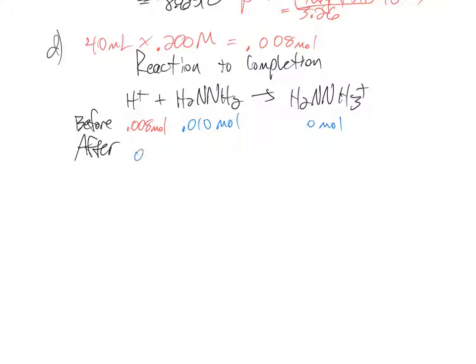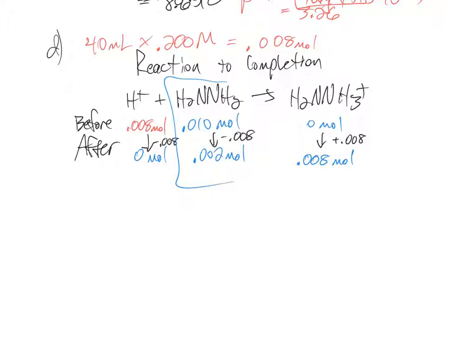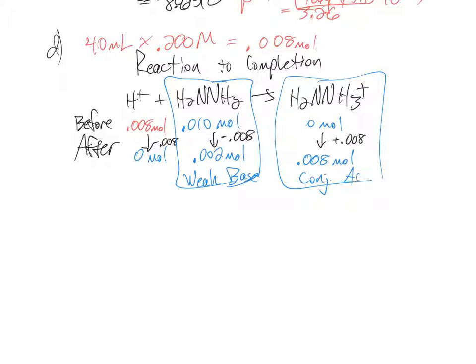One of the reactants goes all the way down to 0, and it's the one that has fewer moles initially. The reduction in number of moles is the same. On the product side of the equation, it's not a reduction but an increase in the number of moles by that same amount, 0.008. At the end of this reaction to completion, we still have at least some weak base and some of its conjugate acid. So we can still use Henderson-Hasselbalch.